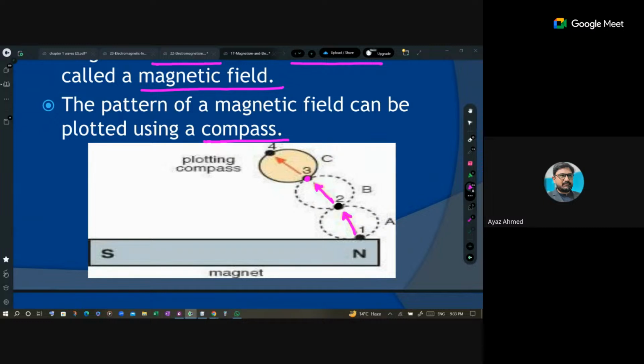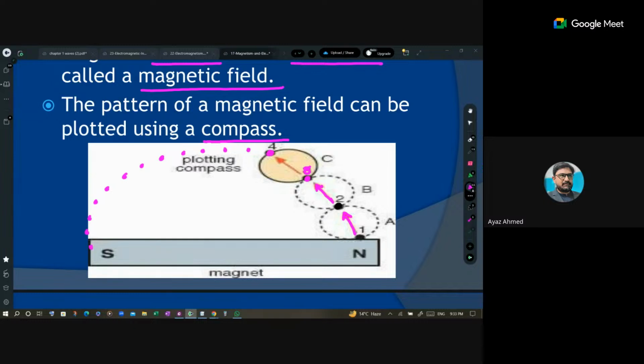Then at the edge of that spot I will place it a third time, mark a fourth dot, and so on. You will keep on plotting these spots.